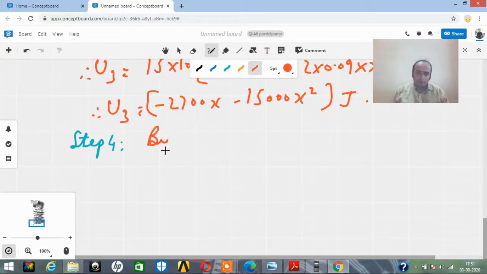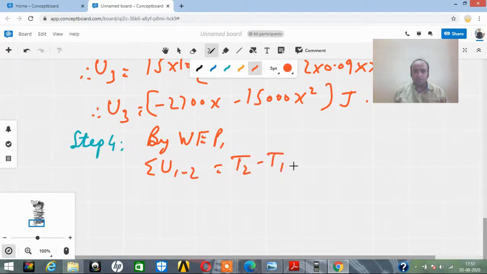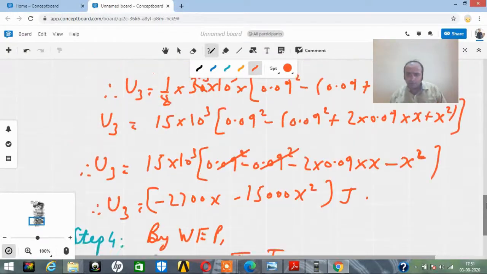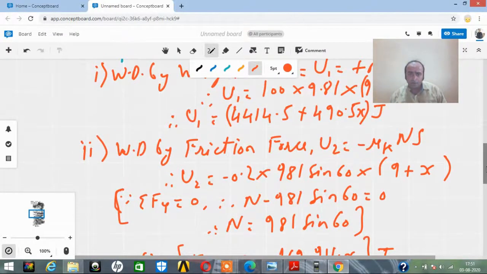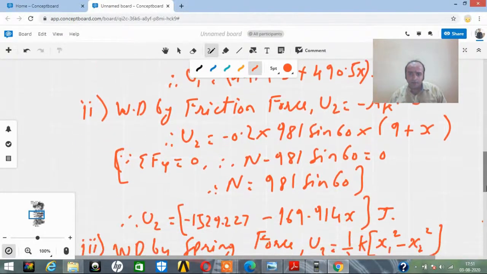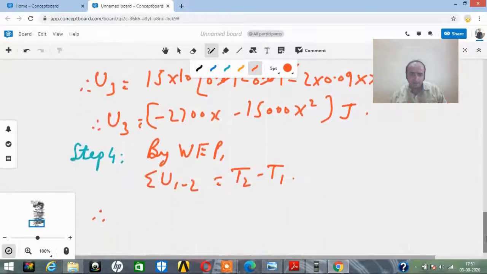By the work energy principle, summation of U1 to 2 is equal to T2 minus T1. Therefore, the algebraic sum of work done by different forces, one by one: 4414.5 plus 490.5x.